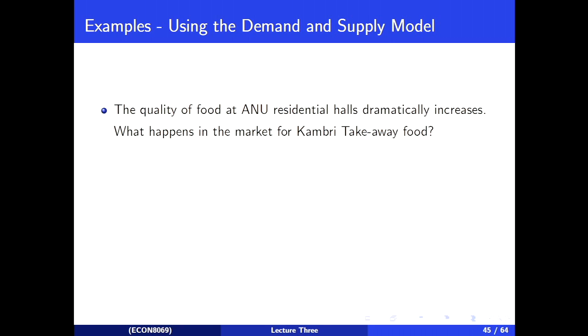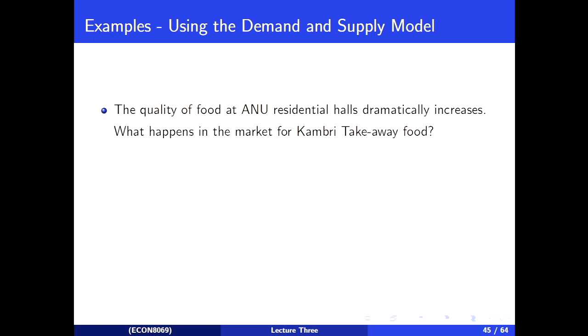Some people do this in multiple steps. If you want to do it in multiple steps, I'm happy with that. If you're happy to do it in one step like this, I'm happy with that as well. If you do this in multiple steps, you can talk about demand decreasing. And so at the original price that they were charging, they're just not selling any goods. Cambry food sellers still try to sell at the original price P0 for a short time, and they're just not selling.